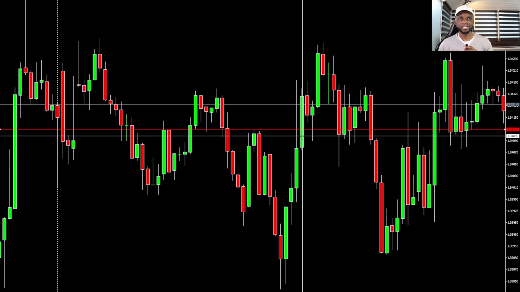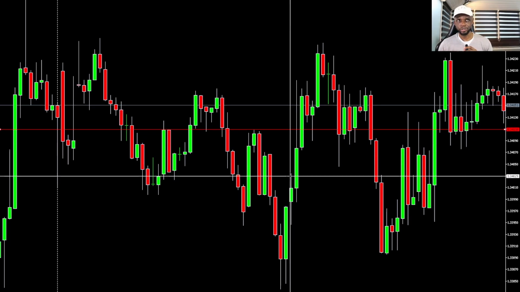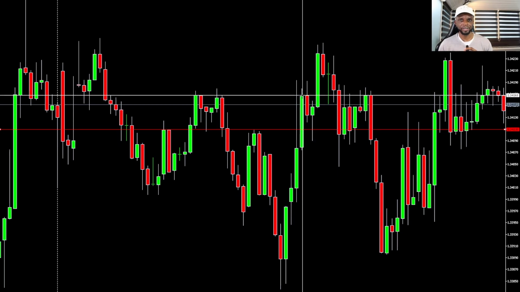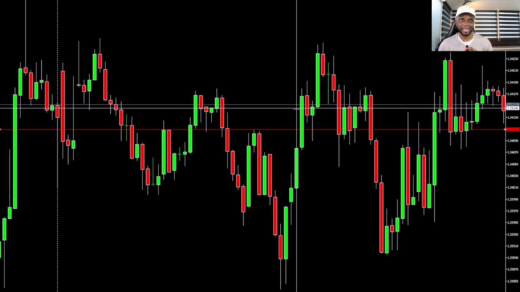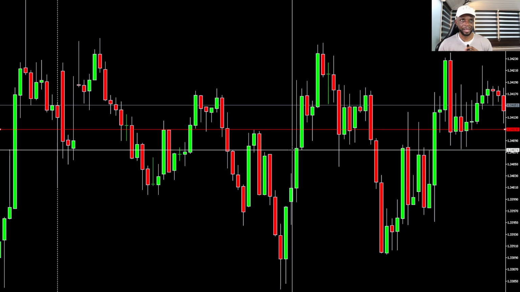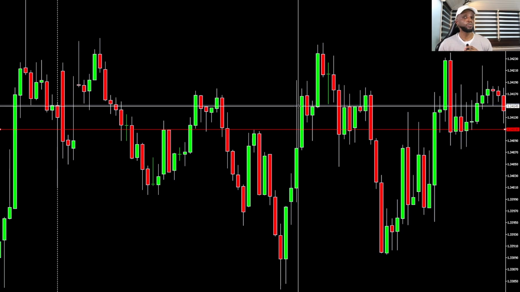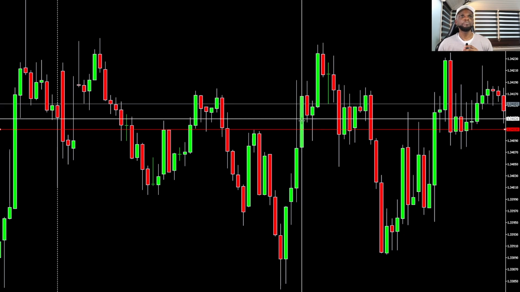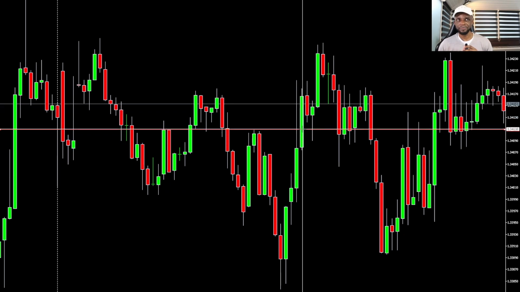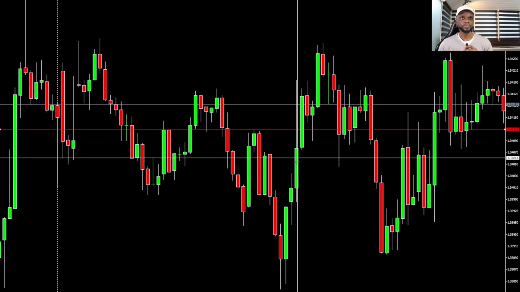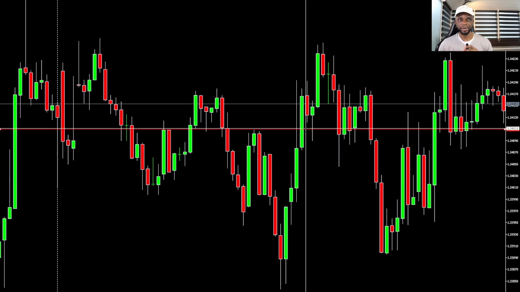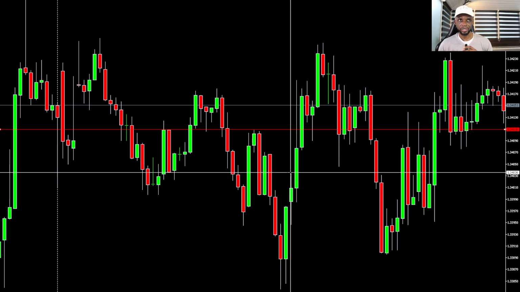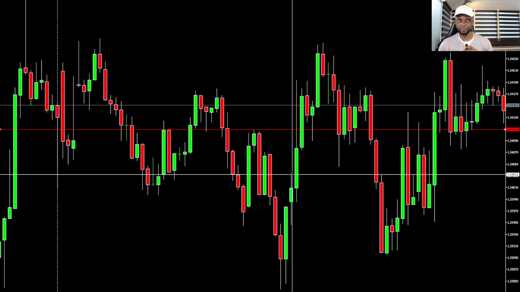If price came back down and touched it or went further down before closing back up, then we would say this area of the market was balanced. At least within these 3 bars, there was no imbalance. But because price was moving very quickly up, signified by these green bars, price didn't come back down to touch the top of this wick here.